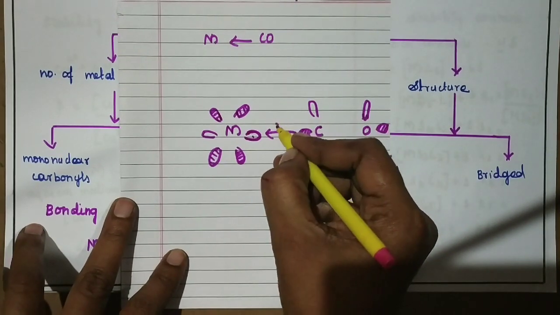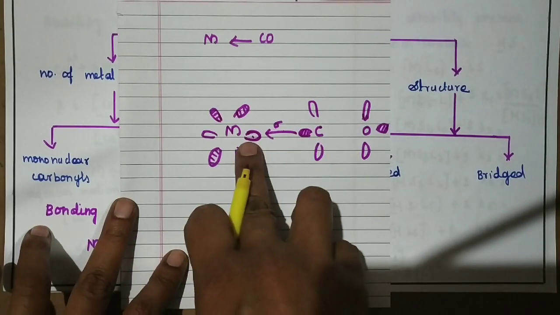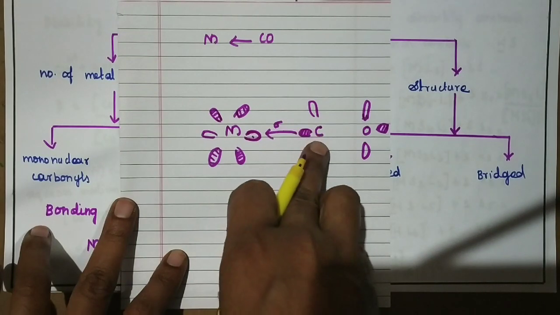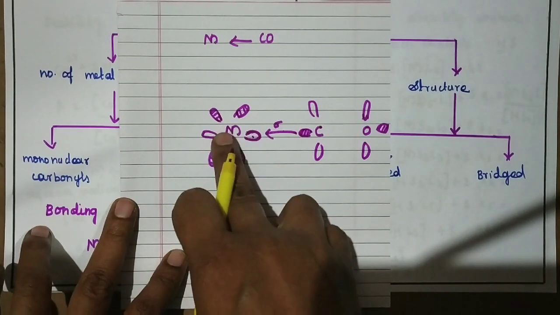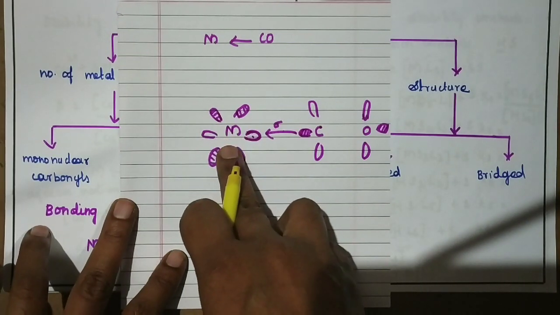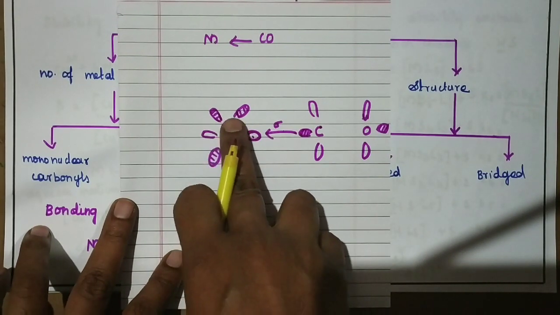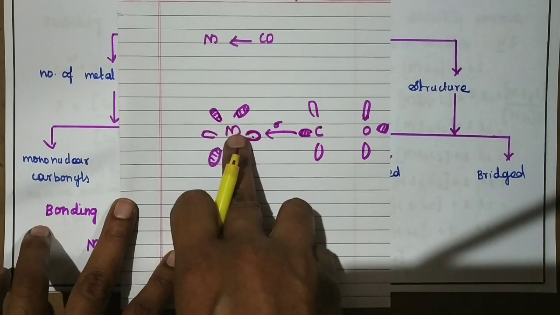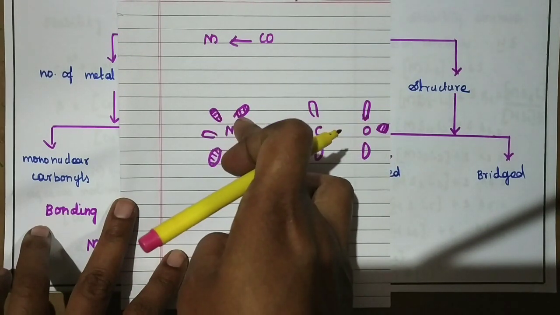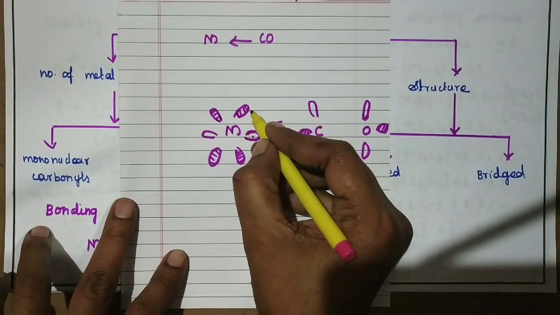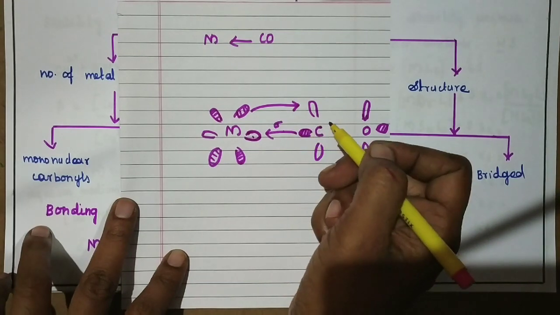Now here the sigma bond will be formed. Because the ligand gives a lone pair of electrons to the central metal ion, the central metal ion becomes electron rich and the electron density increases. So it compensates by giving electrons back to the ligand.